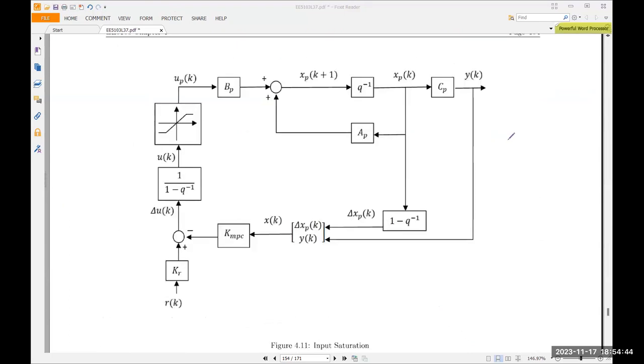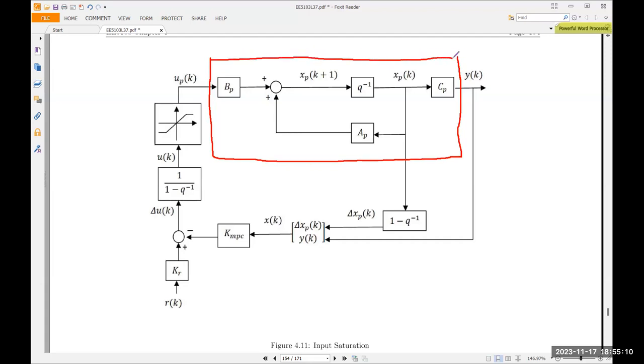Okay, this question basically deals with the following now. We say that I showed you this type of thing before. This is the real plant. All right.